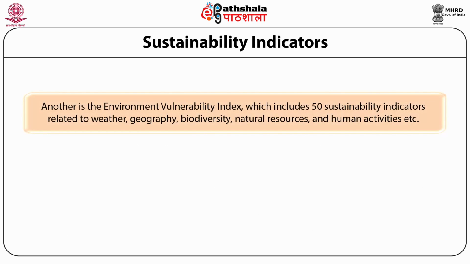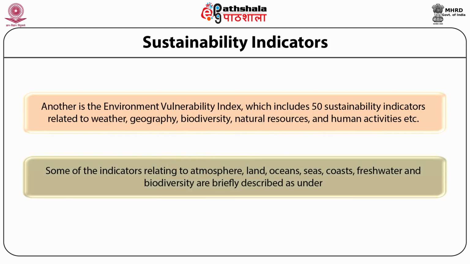Another is the Environment Vulnerability Index, which includes 50 sustainability indicators related to weather, geography, biodiversity, natural resources, and human activities, etc. Some of the indicators relating to atmosphere, land, ocean, sea, coasts, freshwater, and biodiversity are briefly described as follows.